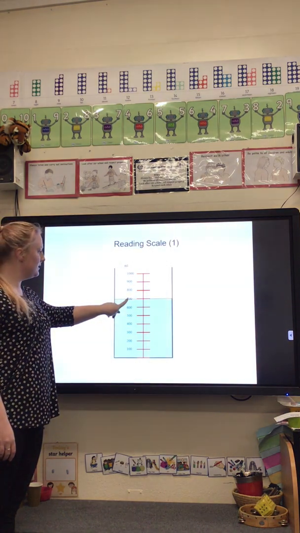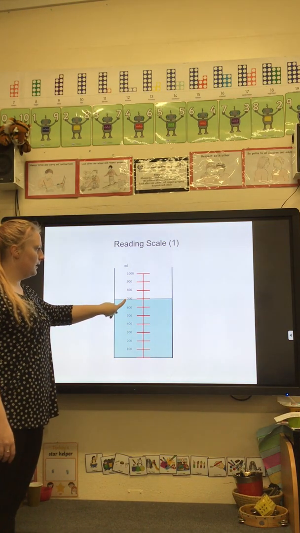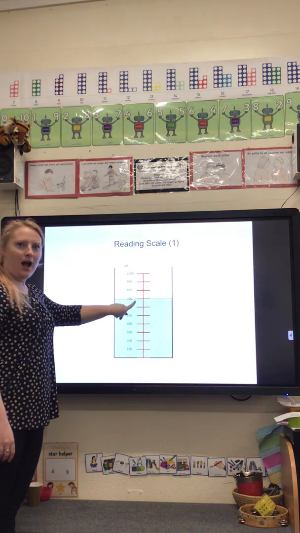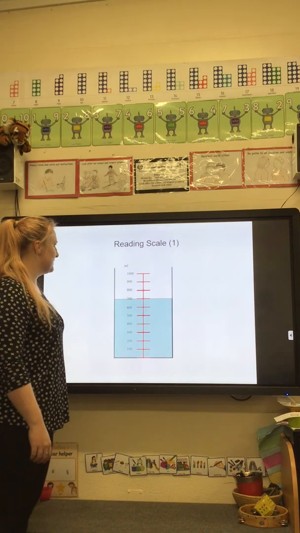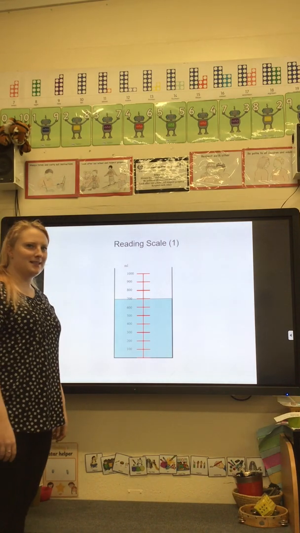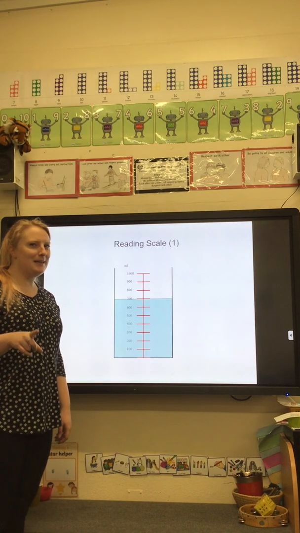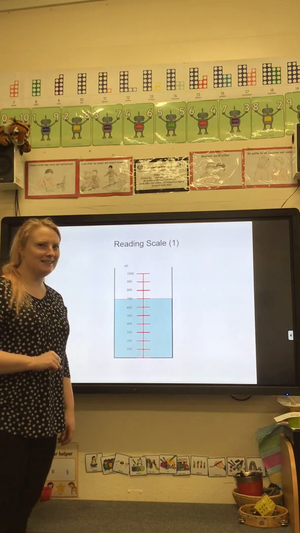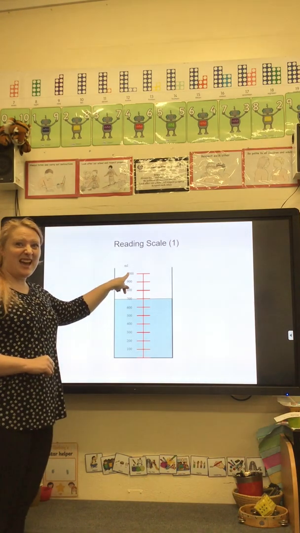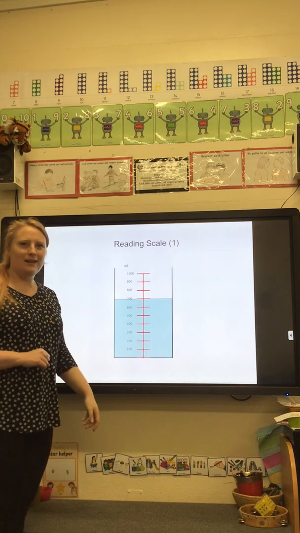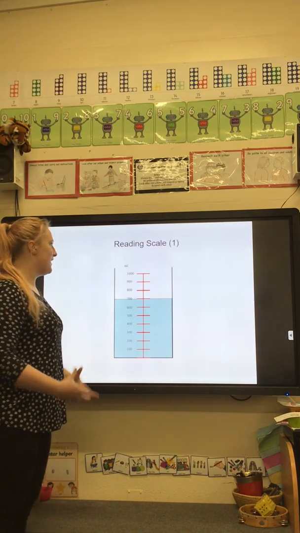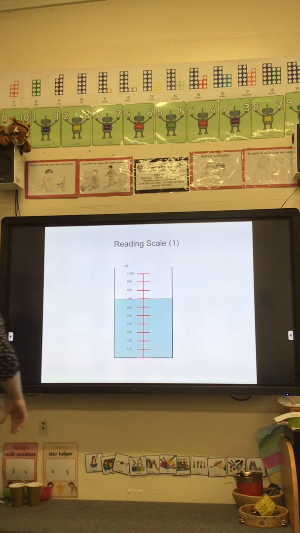What number do we land on? 700. 700 millilitres. That's a lot of liquid. Can anyone remember how many millilitres are in a litre? 1000. So if it goes all the way up to the top here, there'll be 1 litre of liquid, 1000 millilitres of liquid.